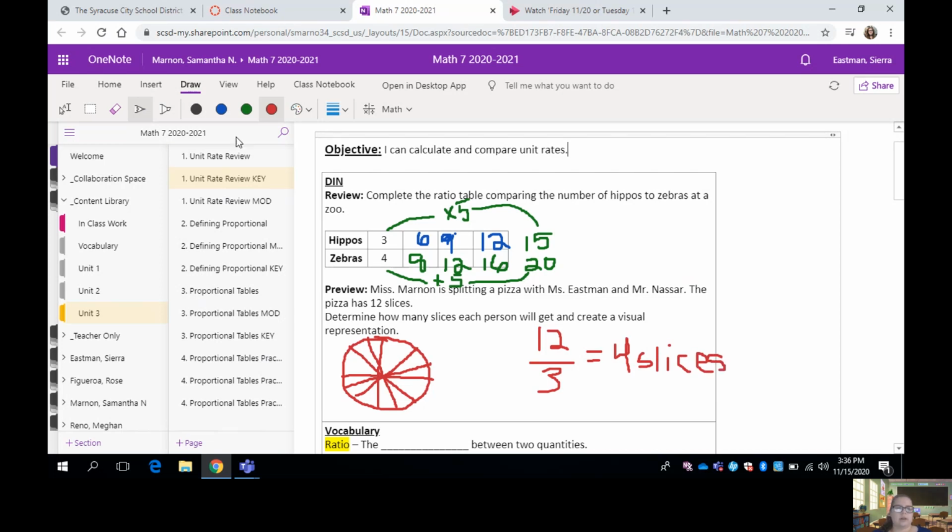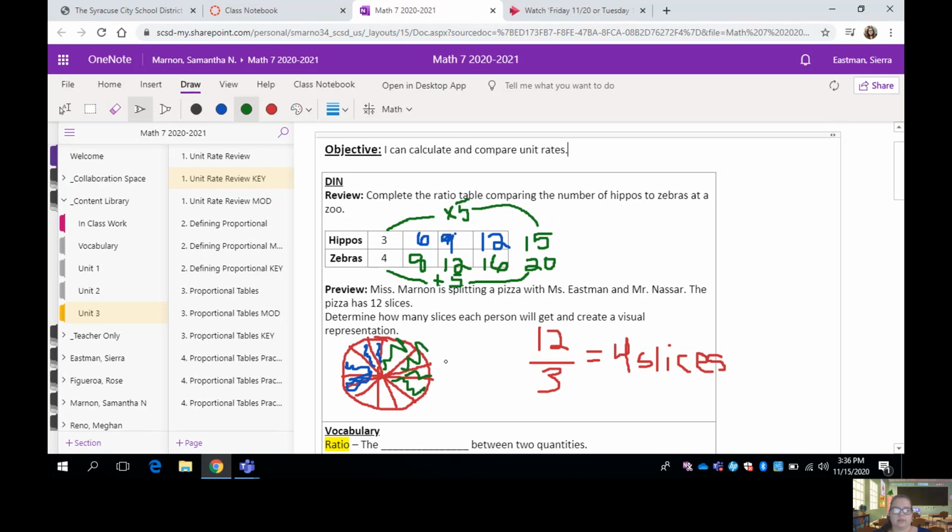But I could also have just colored in here 1 for each person until all my slices are gone. Right? So each person could have started with 1, then we go back for seconds and they get another 1, thirds, and then fourths, because each person has enough for 4. So I'm just coloring in these different colors here.